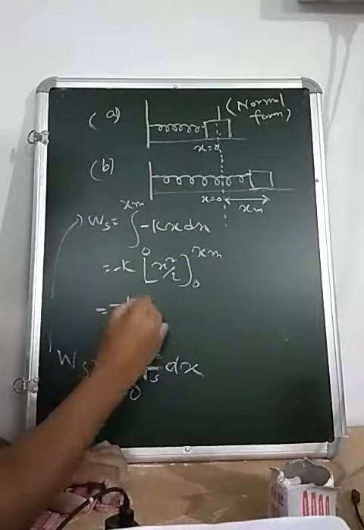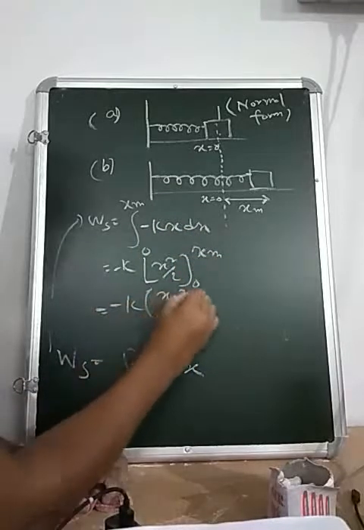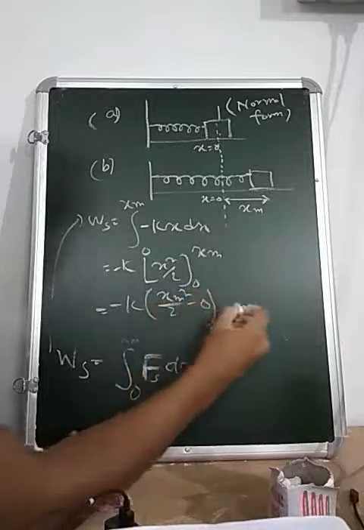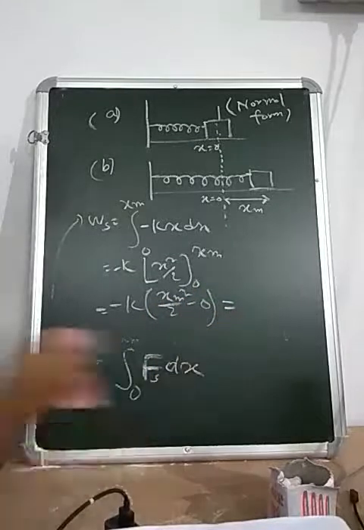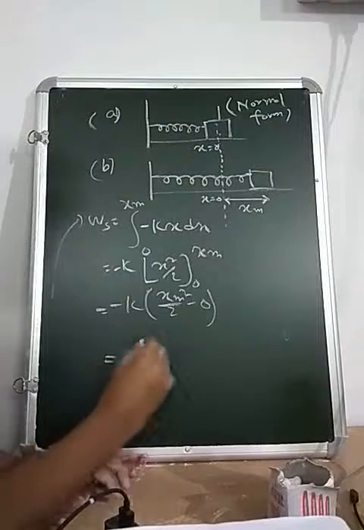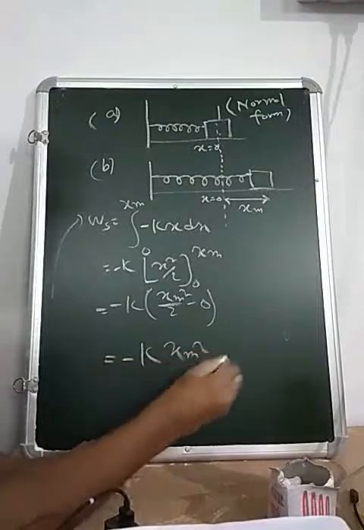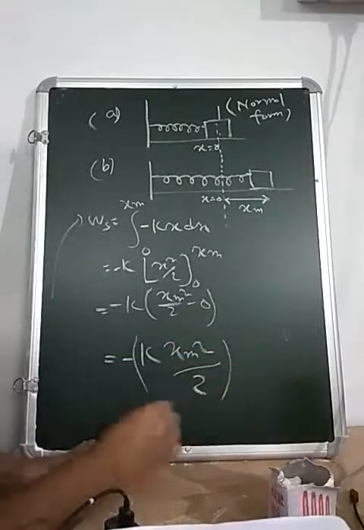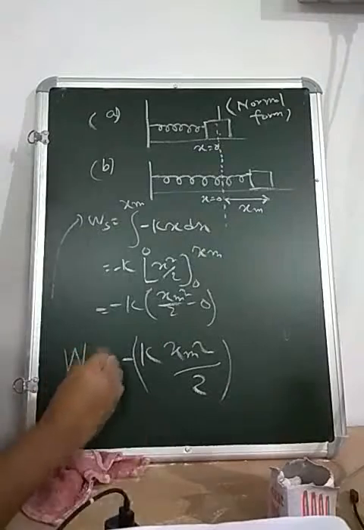If we put the limit, we get xm squared by 2 minus 0, so we get minus k xm squared by 2.